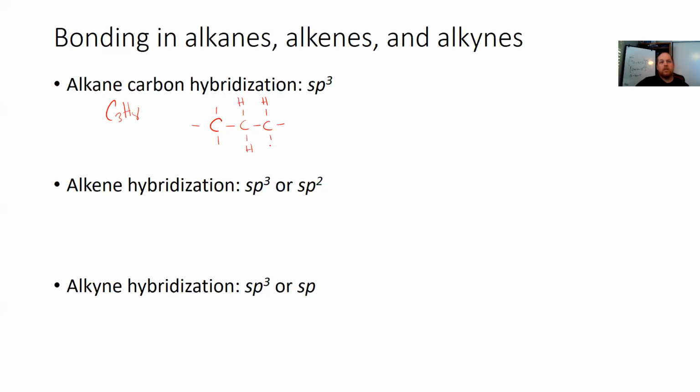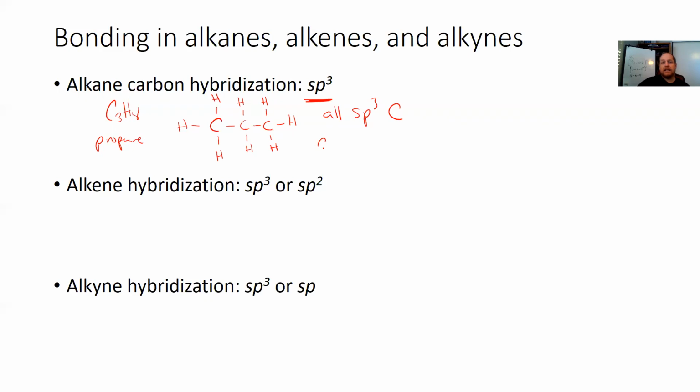Remember in Chem 101, we identified what types of bonds there are and what orbitals they come from. When it comes to hybridization, all of the carbons will be sp3 if you just have alkanes. So this is propane, and they're all sp3 hybrid.